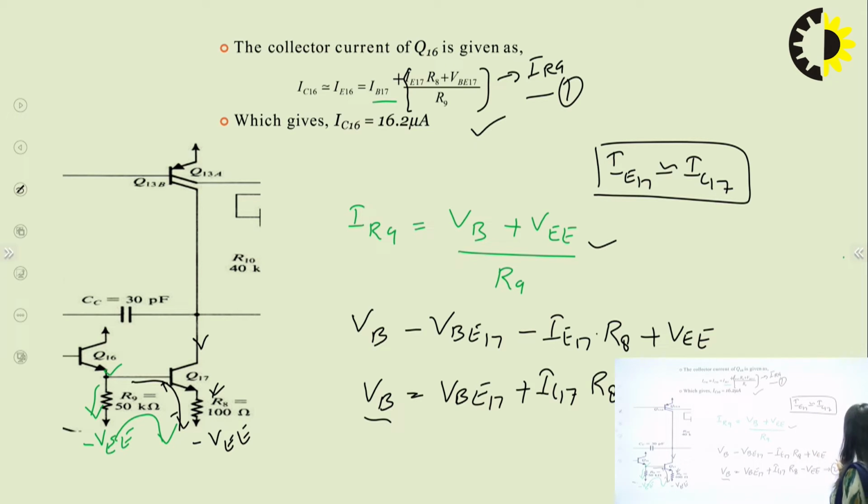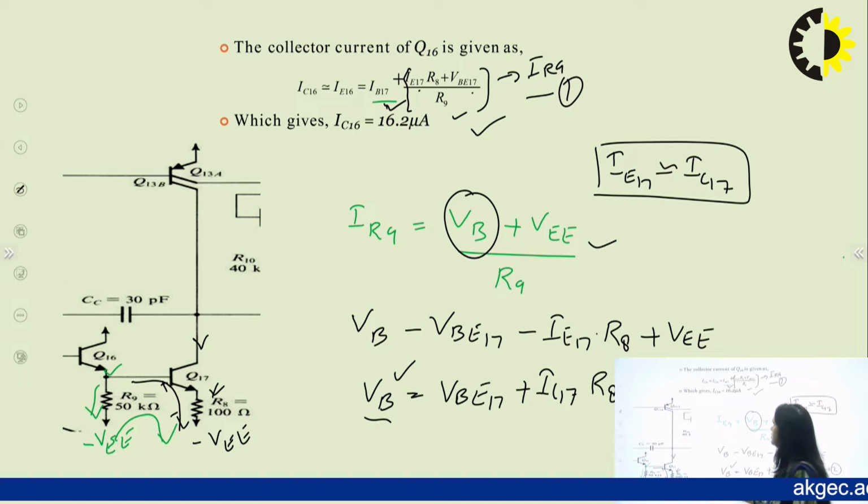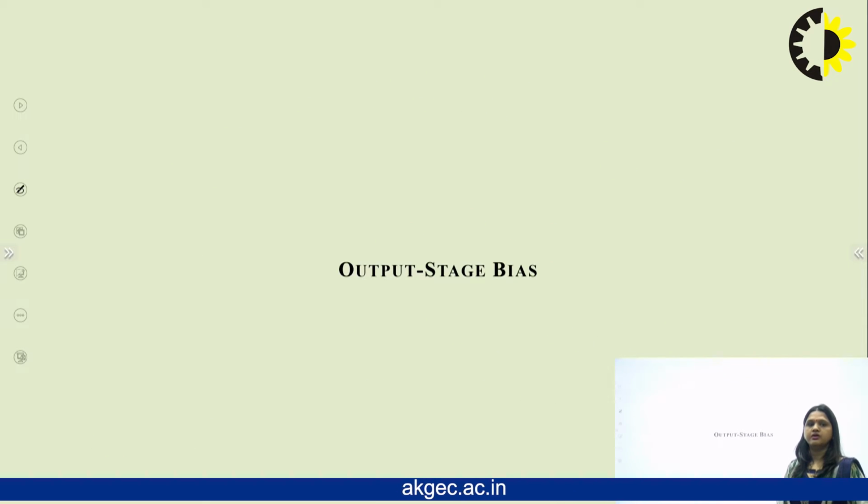So just put the value of VB over there and you will get this expression. Here we can calculate IB17 easily, just dividing IC by beta. We know the values of IE17, R8, VBE17 and R9. So by putting all these values, we can calculate the value of IC16, which is equal to 16.2 microamperes. So this is how we have done the DC analysis of the second stage.